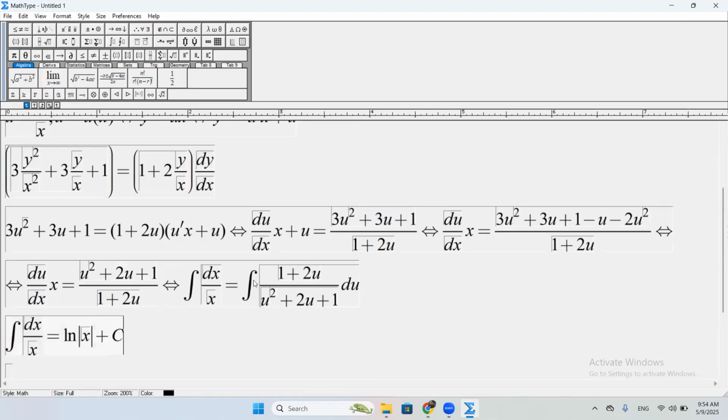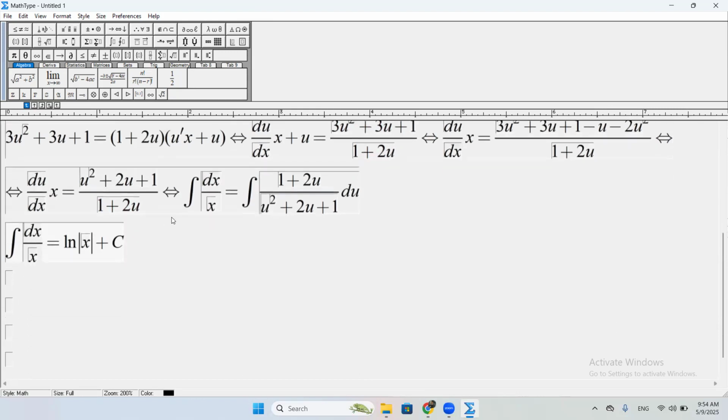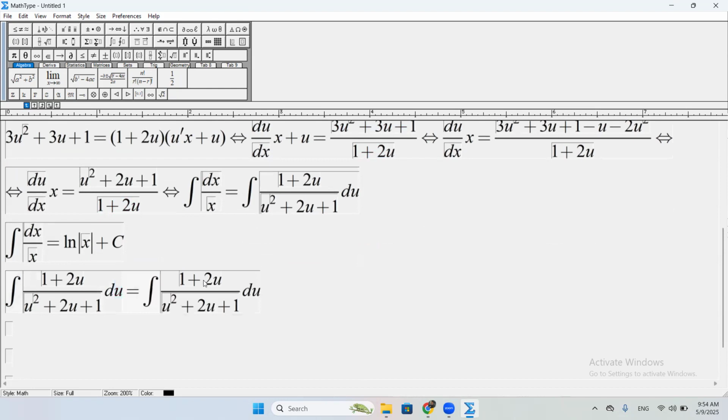plus c. I'm not sure if it makes sense to write the constant as a logarithm here; we can always change it. And what about this integral? Let's remember how to integrate rational fractions. I will add, so it will be 2u plus 2 and minus 1.